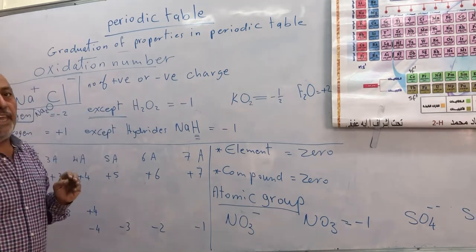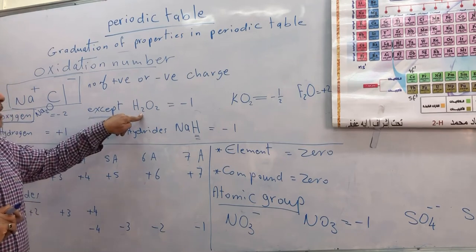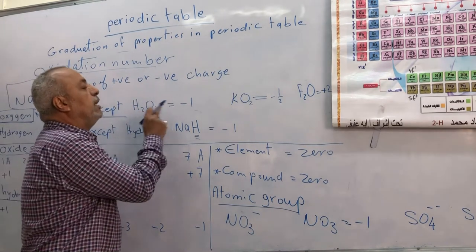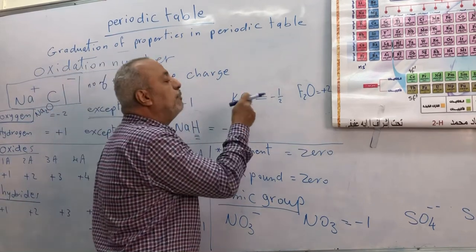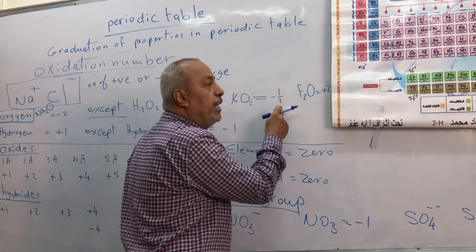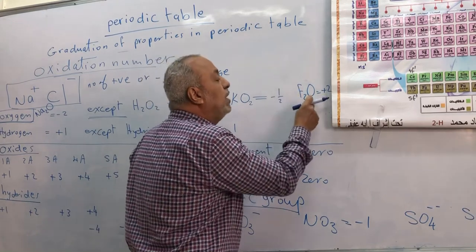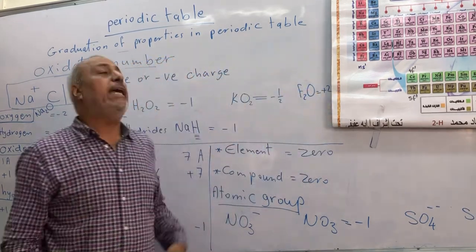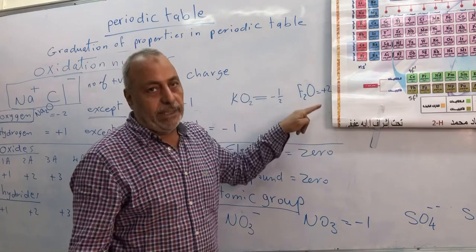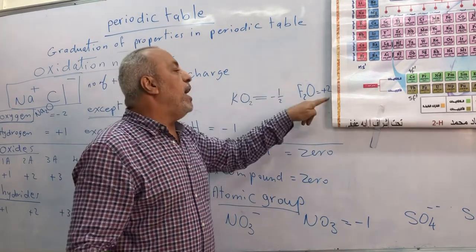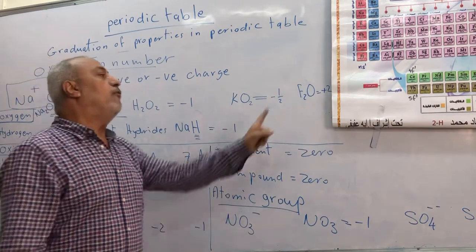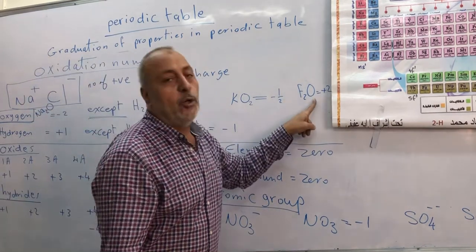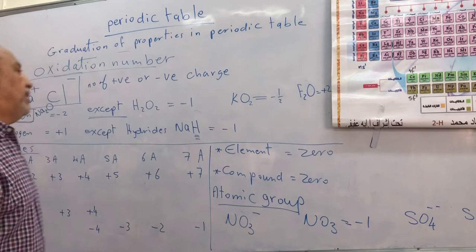We must take care of them. In peroxide, the oxidation number of oxygen equals -1. In potassium superoxide, it is -1/2. In OF2, it is +2, and it is the only case where oxygen has a positive oxidation number, because fluorine is greater than oxygen in electronegativity.